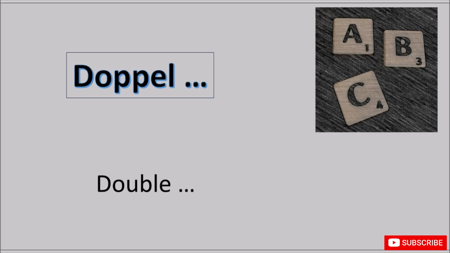Or people also use the word Doppel. So Doppel P would be a double P, Doppel L would be a double L. Just be very careful. Doppel U is not a W. Doppel U would actually be UU. Remember, W is V, so don't get those mixed up.